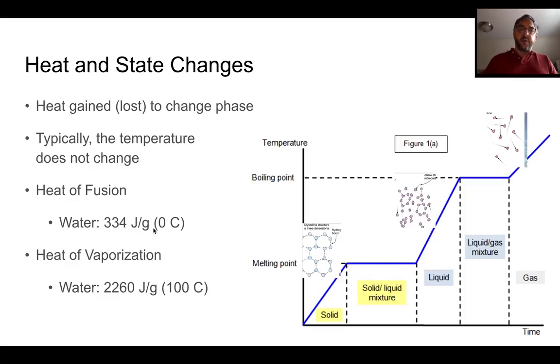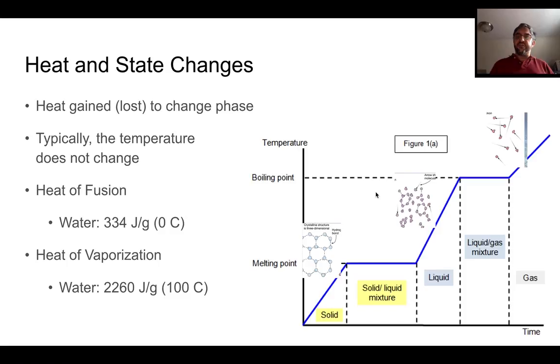For 1 gram of ice, it takes 334 joules of energy to break all of the bonds. While that's happening, the temperature doesn't change. The ice-water mixture continues to stay at 0 degrees Celsius until all the ice is melted into water. And then it becomes water.